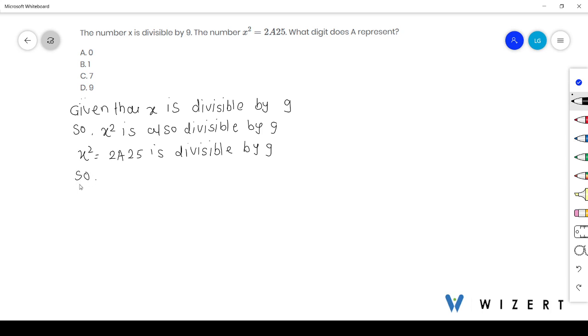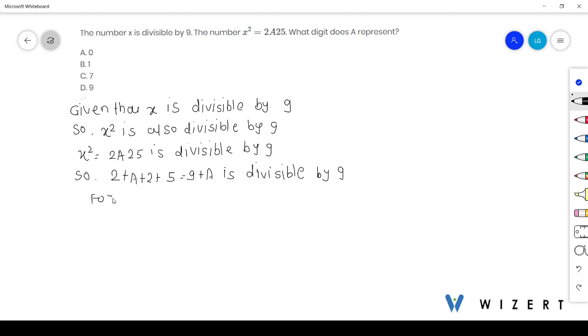So, 2 plus a plus 2 plus 5, that is 9 plus a, is divisible by 9.